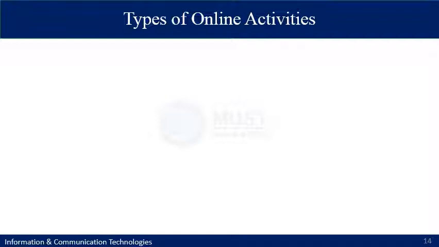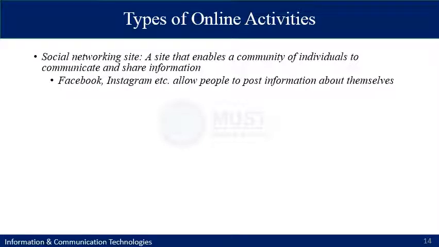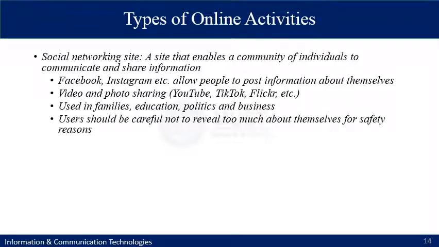So as I mentioned earlier, there are many types of online activities for the individuals, and social networking is one of the most widely used activity across the globe. So social networking site is a site that enables a community of individuals to communicate and share information, and the common social networking sites in use are Facebook, Instagram, which allow people to post information about themselves.